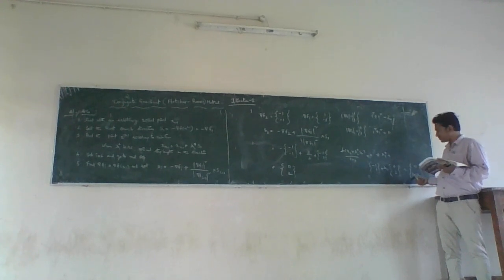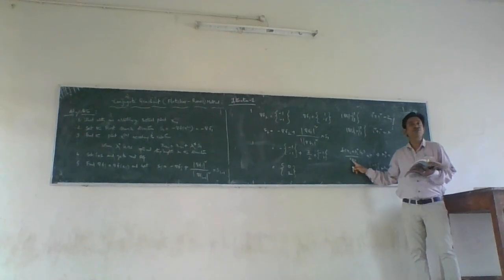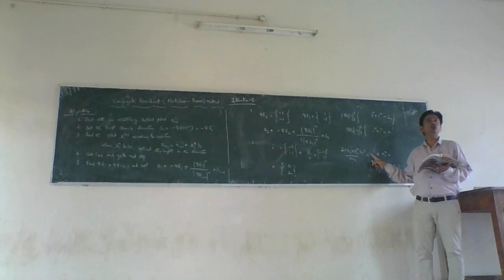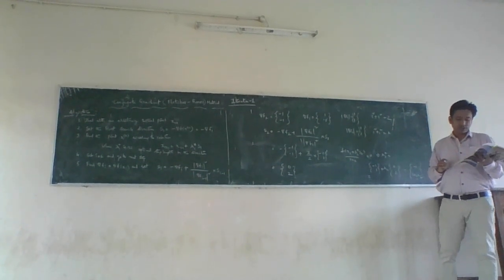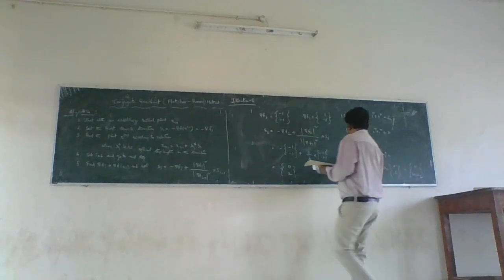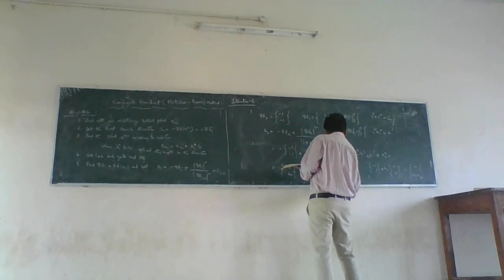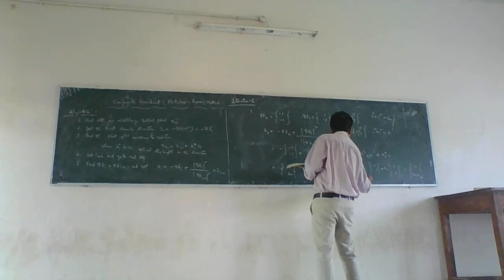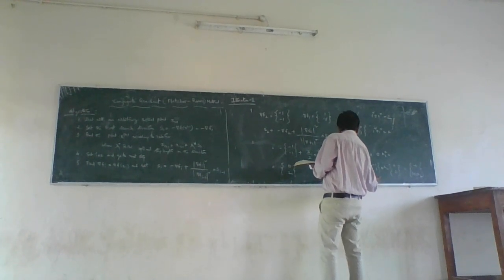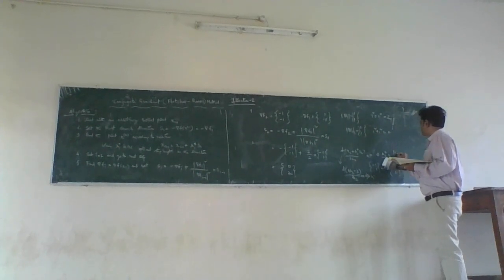You will get minus 1 plus 1 plus 2 lambda 2. Now we have to substitute minus 1 plus 1 plus 2 lambda 2 in the function and differentiate with respect to lambda 2 equal to 0 to get lambda 2 star. I am giving the answer. If you substitute, you will get d of 8 lambda 2 squared minus 2 lambda 2 with respect to lambda 2 equal to 0. You will get lambda 2 star as 1 by 4.